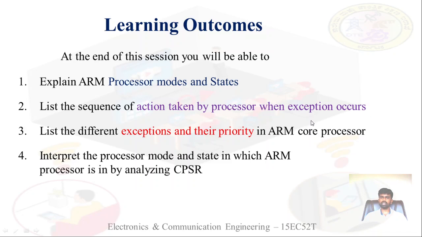Exception is nothing but a form of interrupt; we'll discuss it later. After that, you will be able to list the different exceptions and their priority in the ARM core processor. Finally, you will be able to interpret in which mode and which state the processor operates by analyzing the CPSR. These are the learning outcomes of this session.